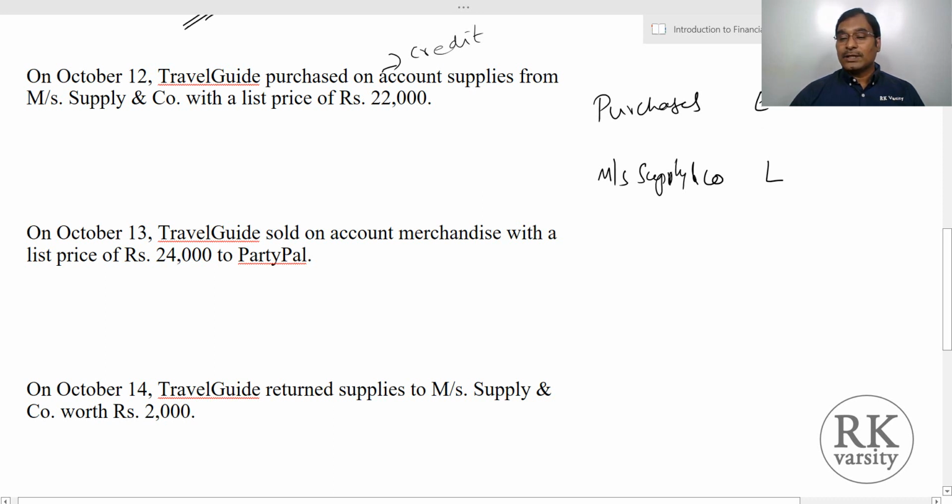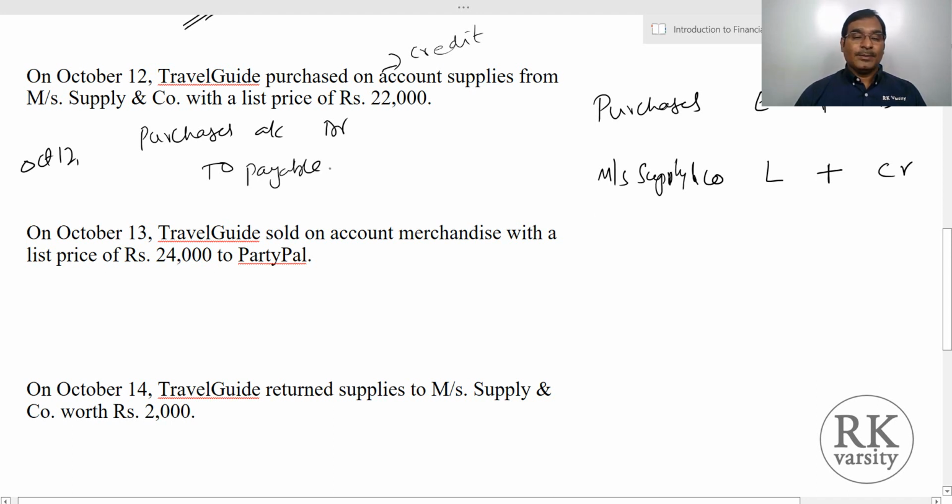Now what happened to your expenditure? There is an increase in expenditure. And what happened to the supply company? There is an increase in a liability. When liability increases, we credit the account, and when your expenses increase, we debit. So here what we write is: October 12, purchases account debtor to, let us say, trade payables, or you can also write creditors.